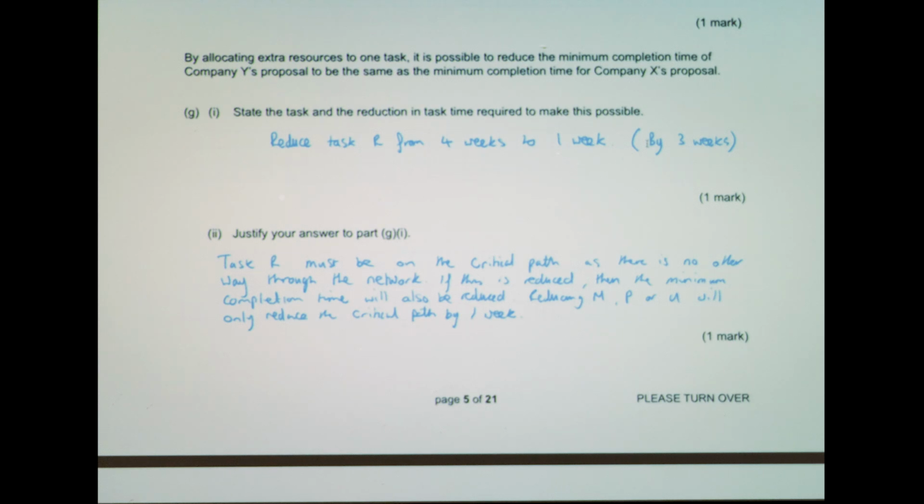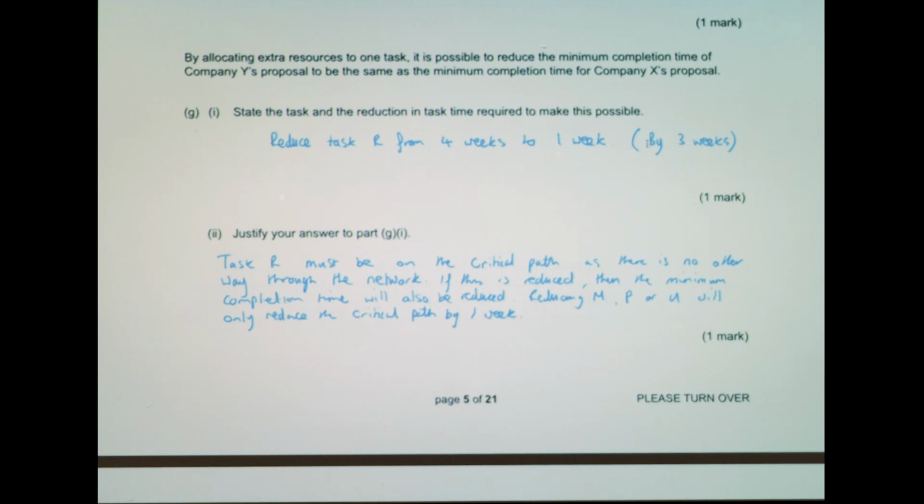If we reduce either S or T, you're only going to save 1 week. If we look at the initial part of the network from the 0,0 to the 10,10, we've got one section that's taking 9 weeks and the other section's taking 10. So again, you're only saving 1 week in that part of the network.